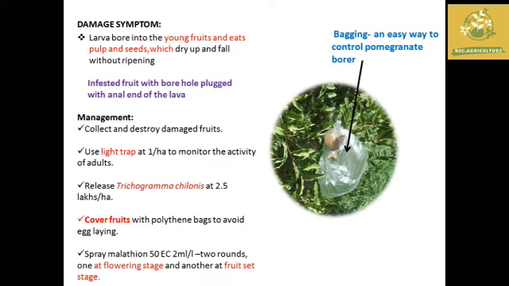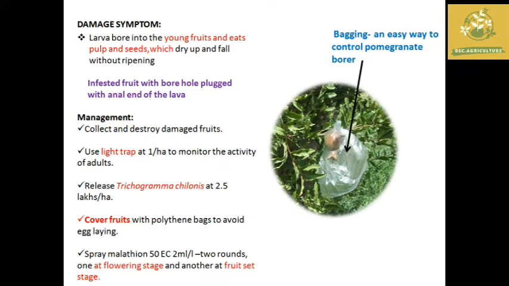Some other managements are collection and destruction of damaged fruits, as well as use of light traps at the ratio of 1 per hectare to monitor the activity of adults at the field level, and release of Trichogramma chilonis at 2.5 lakhs per hectare is said to be efficient against these fruit borers.